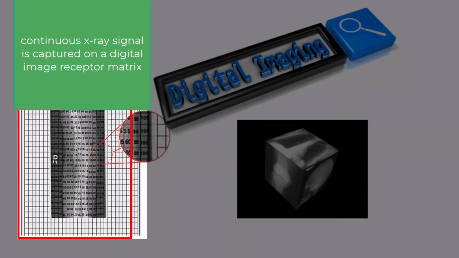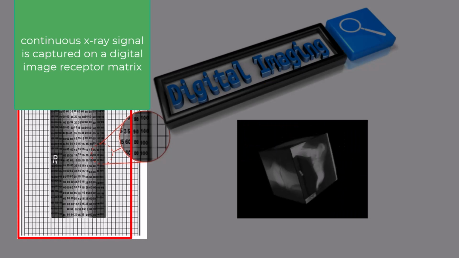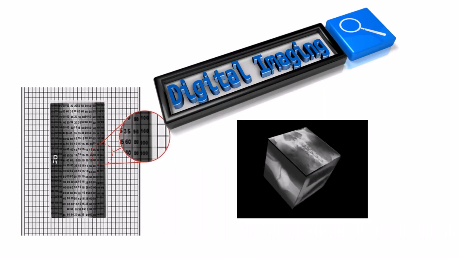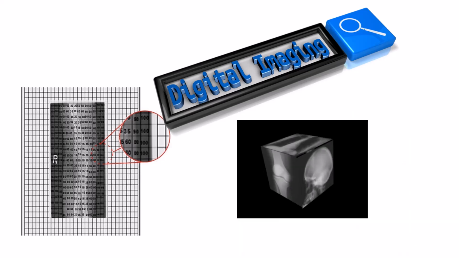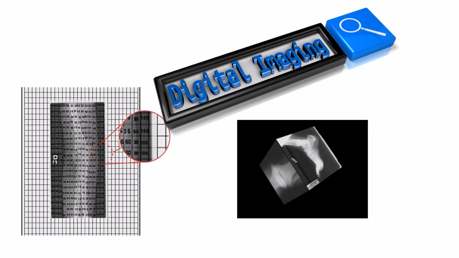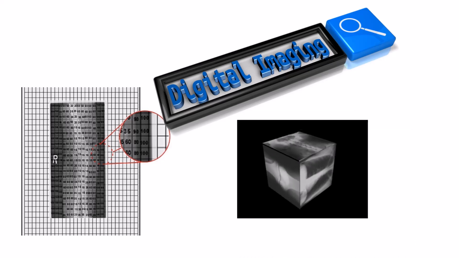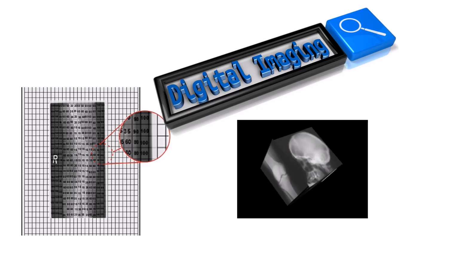In digital imaging, a receptor records the intensity differences. These are continuous in nature and need to be changed into a number. This is called analog to digital conversion. This is what we utilize to create the data to create the images using computer algorithms.